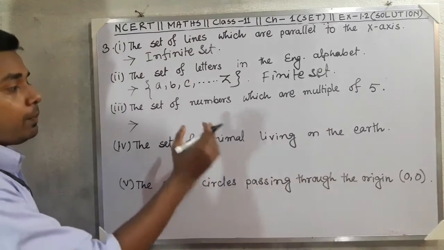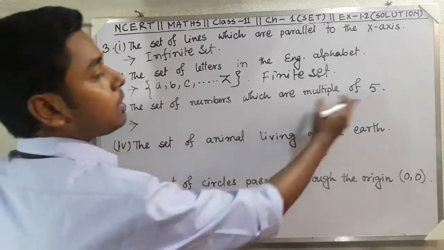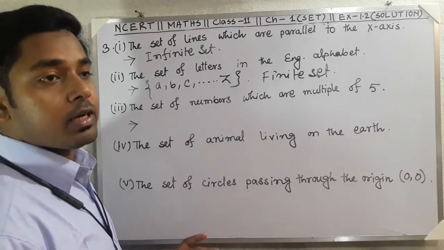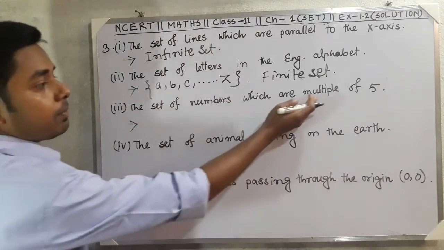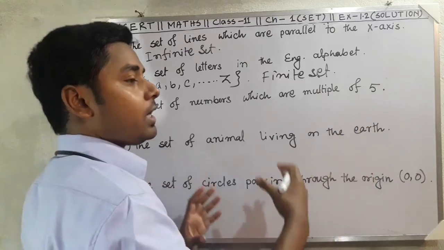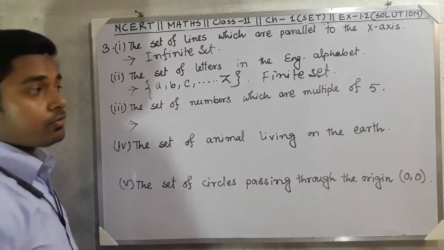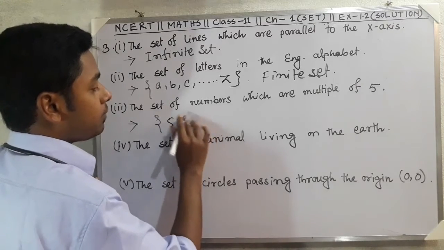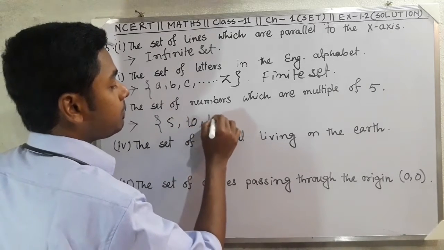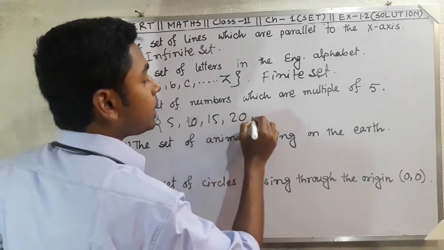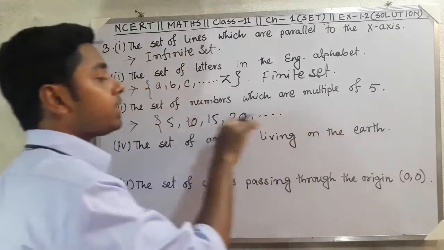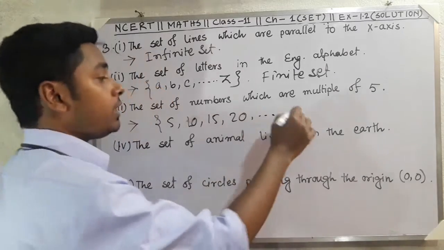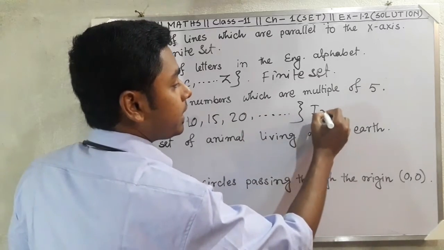Now we have to make a set of numbers that are multiples of 5. There are too many numbers which are multiples of 5. If we start finding multiples of 5, there are a lot of such numbers. How? 5 times 1 is 5, 5 times 2 is 10, 5 times 3 is 15, 5 times 4 is 20. We keep multiplying like this and the multiples of 5 keep coming. So this continues, dot dot dot. So this is infinite.